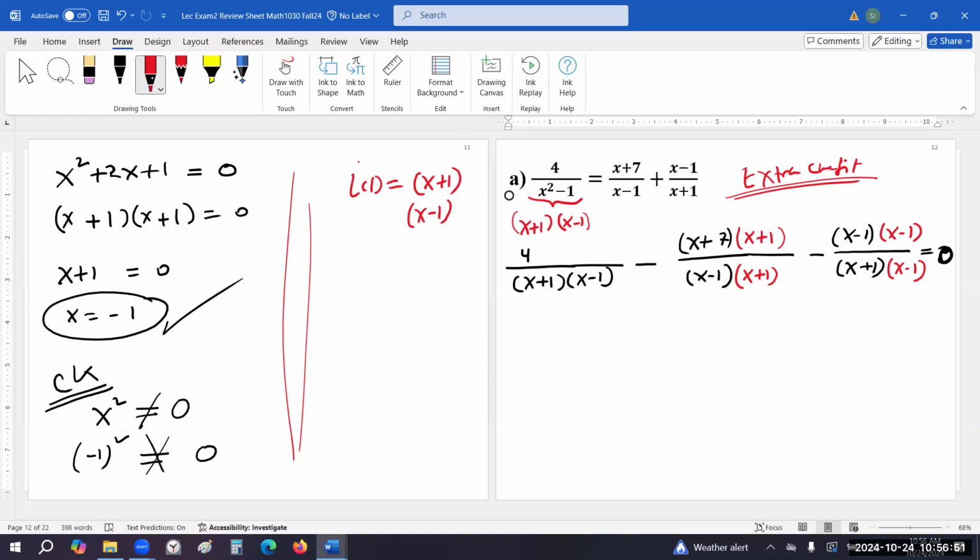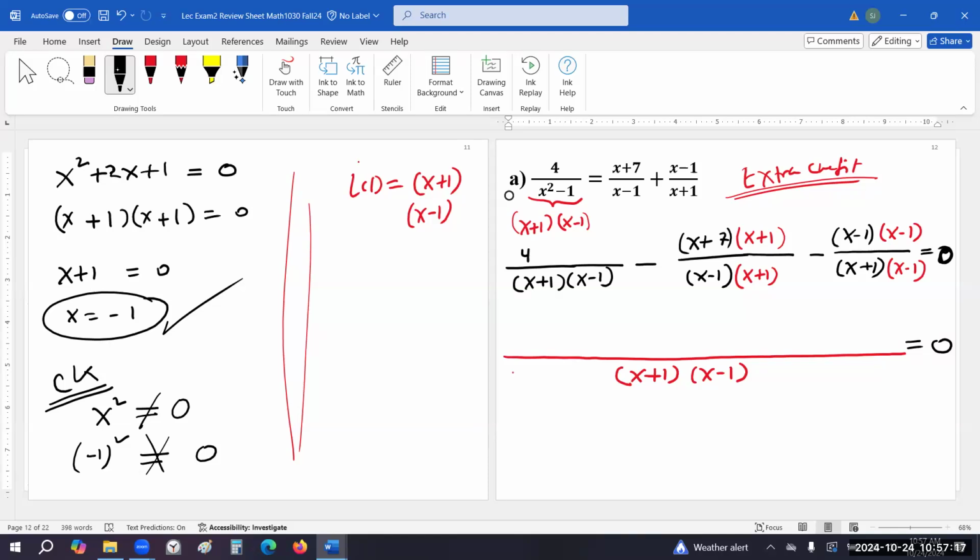Okay, so now we are happy with the denominators because all the denominators are the same. So we get lazy and we write the denominators only once, and we combine all the numerators.